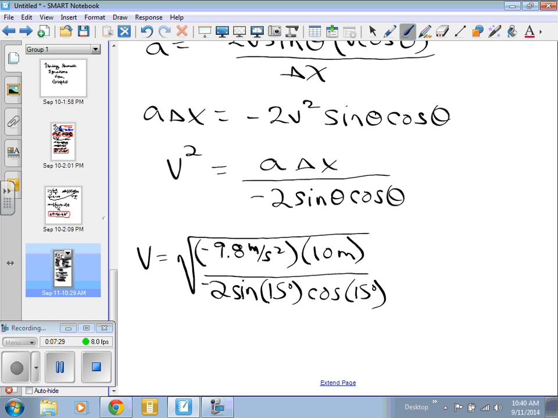Now, anytime that we do this, our units should work out. So you should notice that we have meters times meters, which is meters squared, divided by seconds squared, and then we're square rooting that, so we get meters per second, which is the unit of velocity. And when we calculate that out, we get 14 meters per second. So her speed needs to be 14 meters per second as she goes off of that ramp in order to clear the canyon wall.